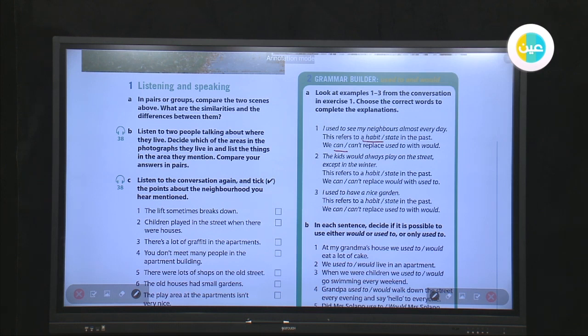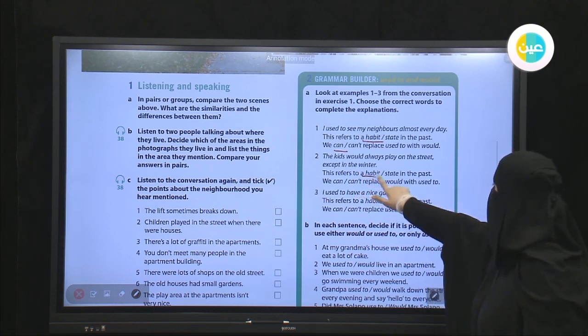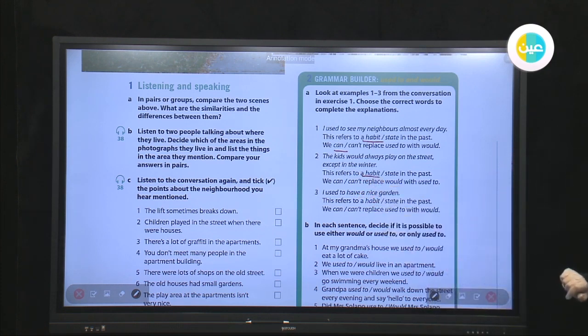This refers to a habit, okay? In the past, they used to play on the street. Can we replace would with used to? The kids used to play on the street except in the winter. Can we replace it? Yes, we can. Yes, excellent.